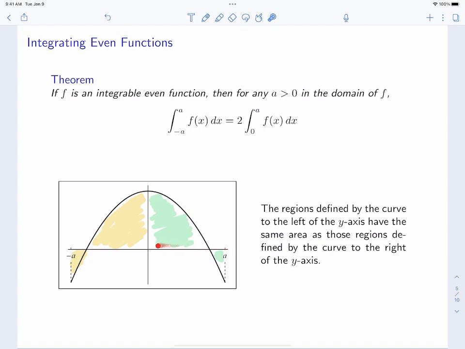So we look at this integral from 0 to a, it's the area above the x-axis minus the area below, and if you look from -a to 0, you can see it's exactly the same. There's the area above the x-axis minus the area below, but those areas are the same on the left side of the y-axis as on the right side of the y-axis. So you get the same thing, but it doubles.